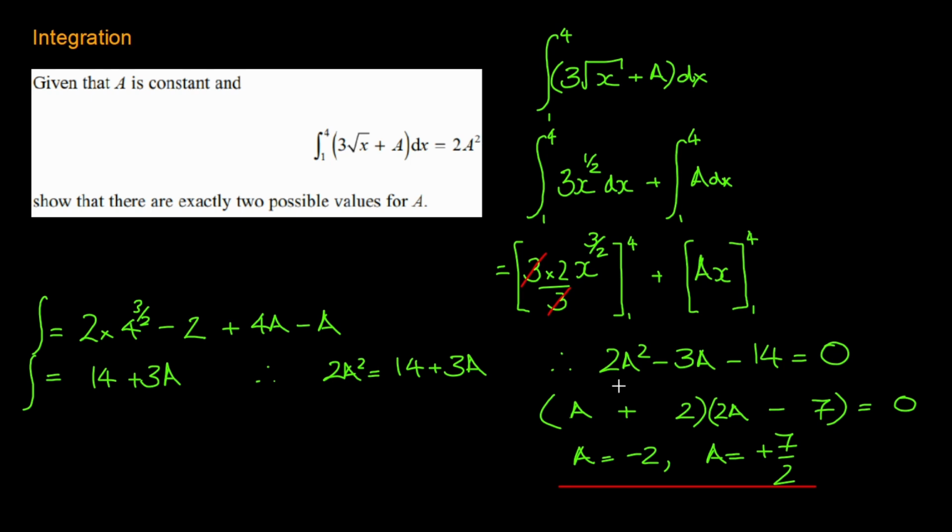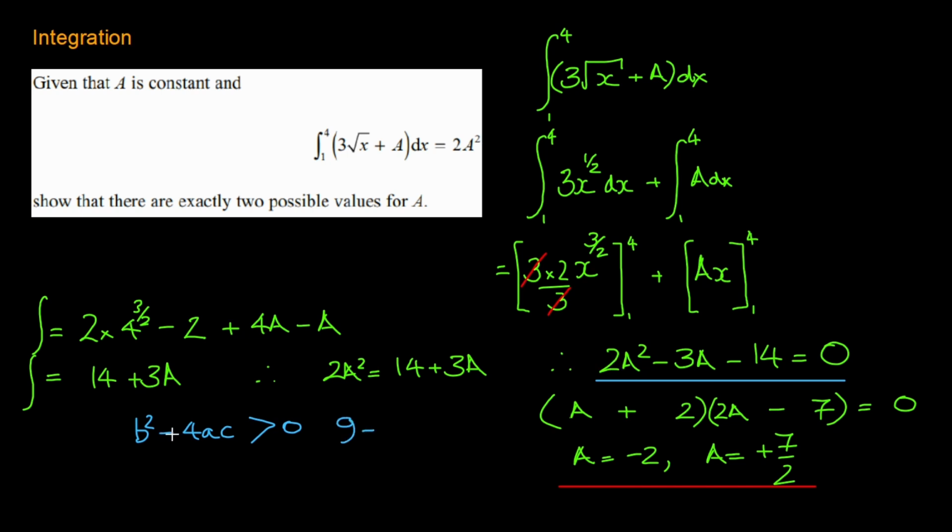Oh yes, very quickly. Because the question didn't ask us what the solutions were, we could have just looked at the quadratic here and examined the discriminant, which is b squared minus 4ac, and proved it to be greater than 0, in other words, positive. We can just check that. b squared would be 9 minus 4ac.